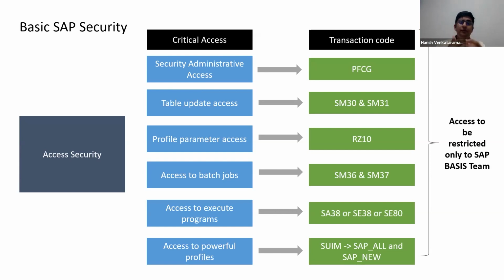That is one of the first and foremost risks that is existent in SAP, and which is controlled through something called as a table access to update tables. With access to update tables, what happens is that is done through the transaction code, again SM30, SM31. These two transaction codes, you just enter the table and you will view the data sets in the table. And if you have sufficient permission, you will be able to modify the table value there.